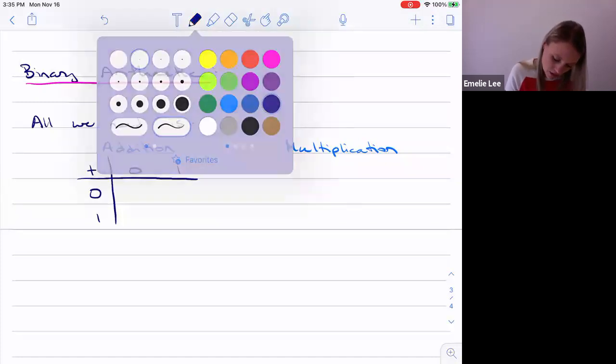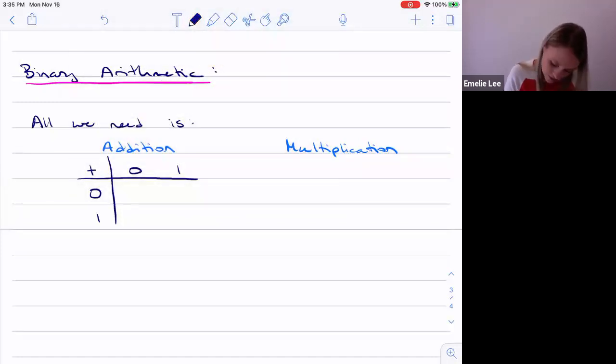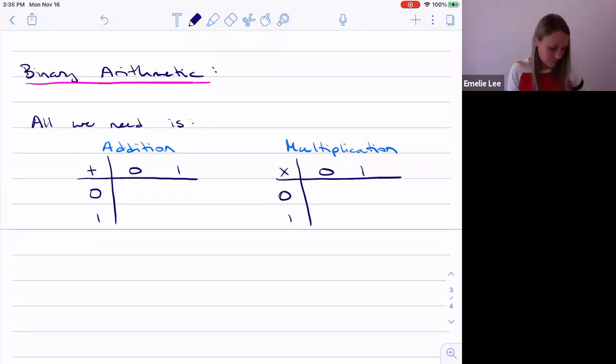I'll set up the multiplication matrix as well: 0, 1, 0, 1. Just think about it: we're working in base 2. So whenever we hit anything greater than 1, we loop back, and we have to bump it out. So we write 2, for example, in binary.